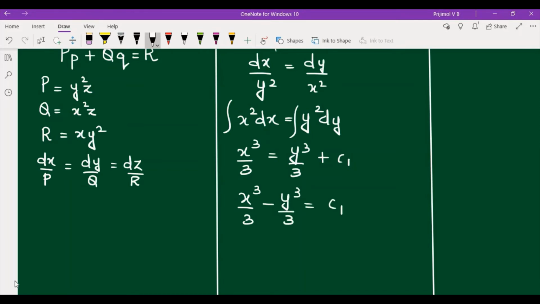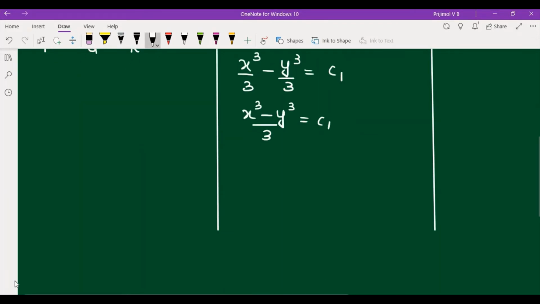Now since we have a common denominator here, I can write this as x cube minus y cube by 3 equal to c1. This 3 is a constant, so bring it to the right hand side. So x cube minus y cube equal to 3c1, which is a constant. I can call it a. So your solution is x cube minus y cube equal to a.